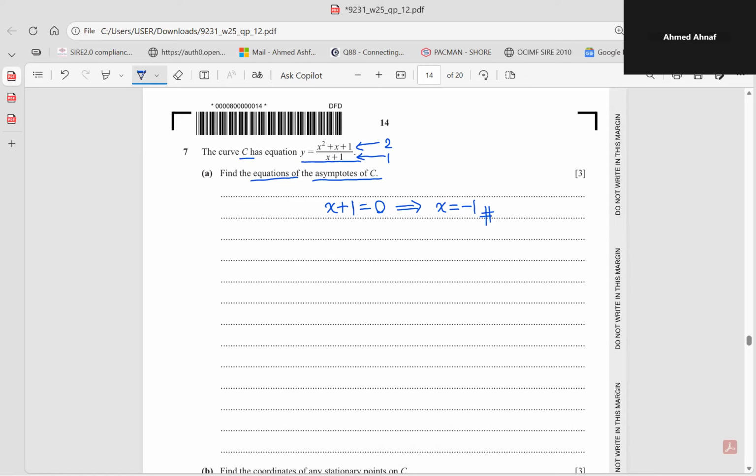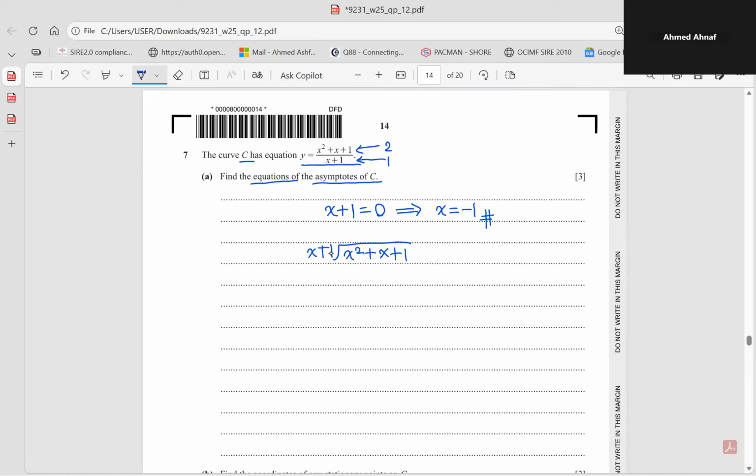So to get that oblique asymptote, we have to do long division. So we need to divide x squared plus x plus 1 by x plus 1. Multiply by x, so x squared plus x. So you would get x, and then this is 0 and then 1.